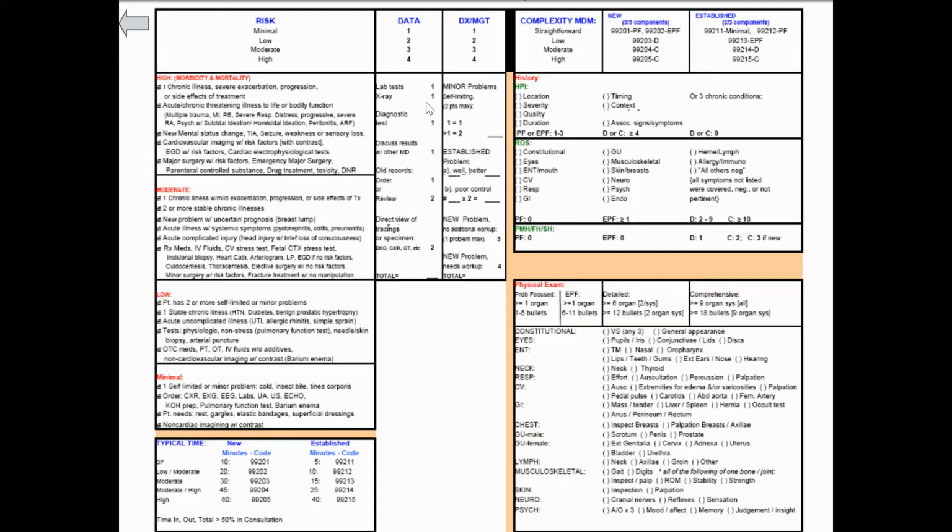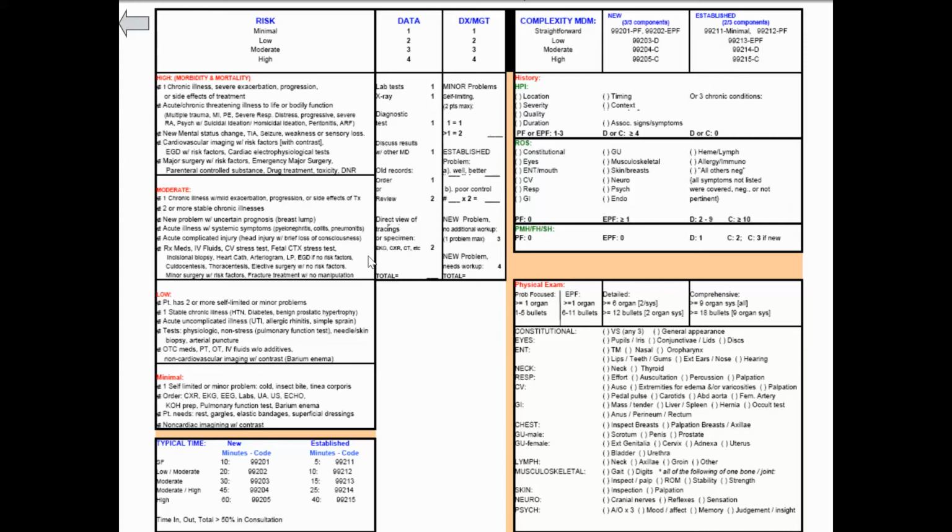And you can give yourself 2 points if you're looking at the EKG and interpreting the EKG in your note. If you're just ordering the EKG and relying on someone else to read it for you, you get 1 point for the EKG.